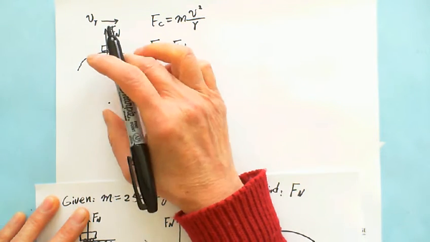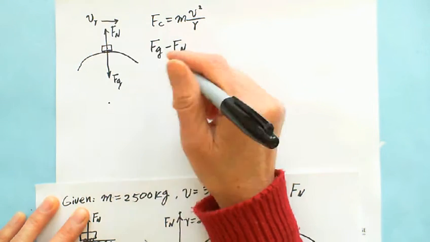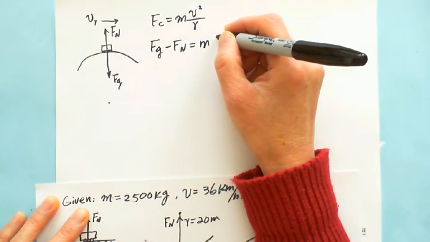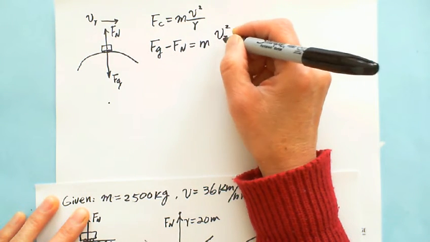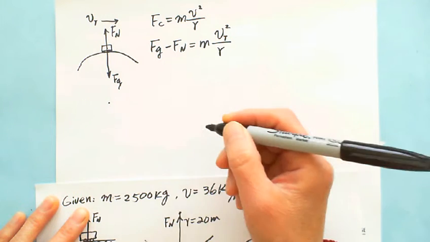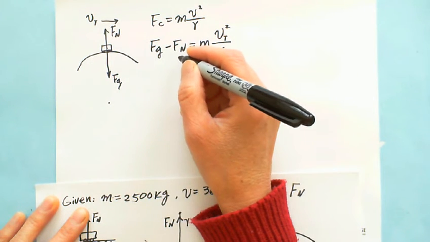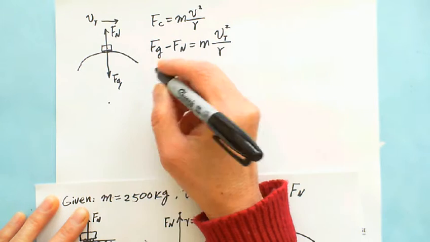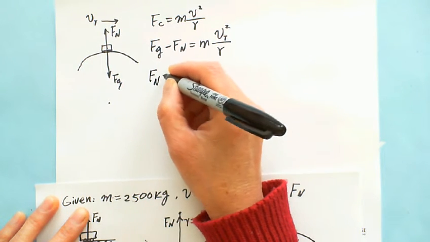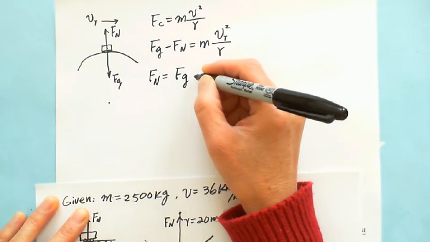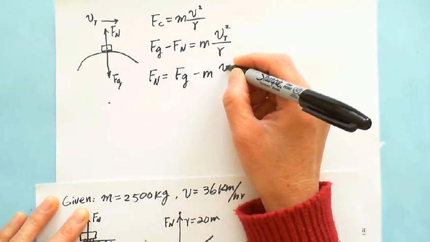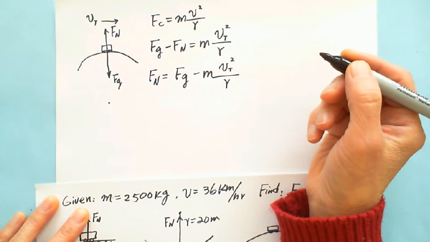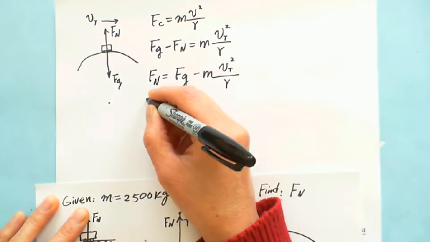That's why gravity becomes positive and the normal force becomes negative, equal to mv at the top squared over r. We move Fg to the other side and multiply by -1, so the normal force equals Fg minus mv squared over r.